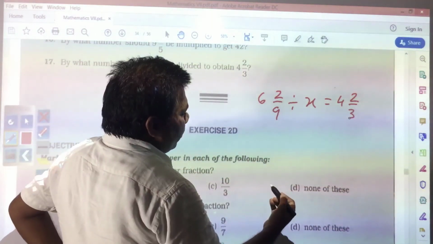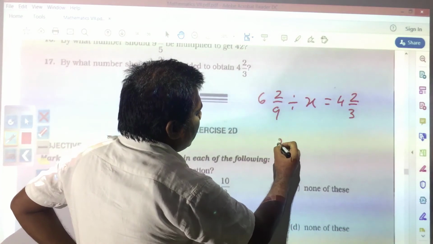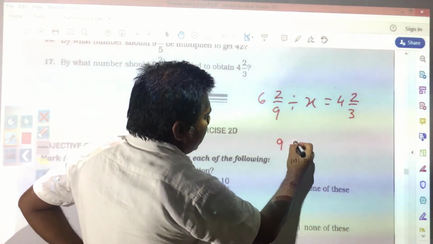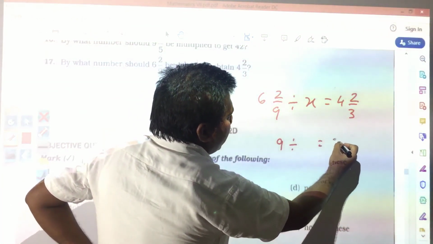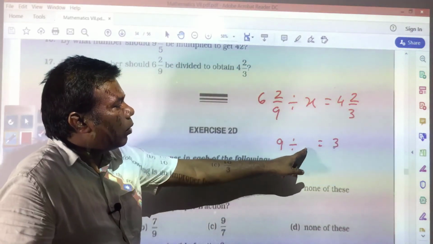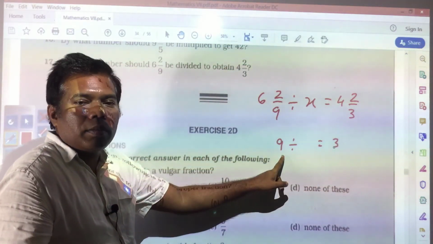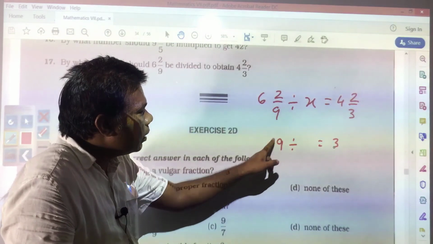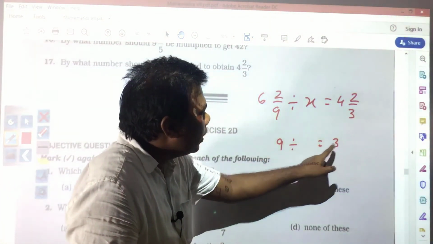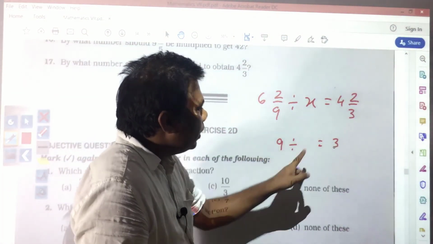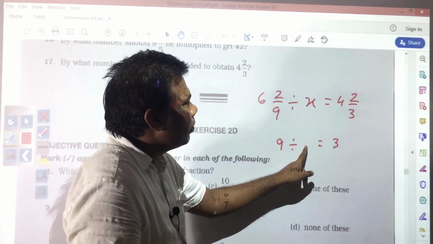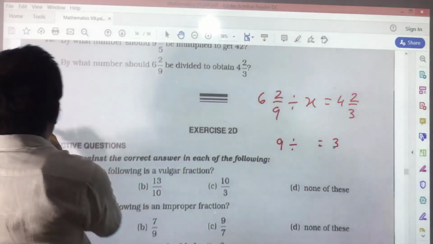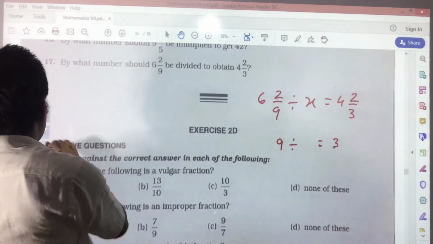Suppose if you would be having, by what number 9 would be divided to get 3. So, by what number it should be divided? By 3. How will you know? This number is required to be divided by 3. 9 divided by 3, you will get the required number. In the same way, here you have to do.